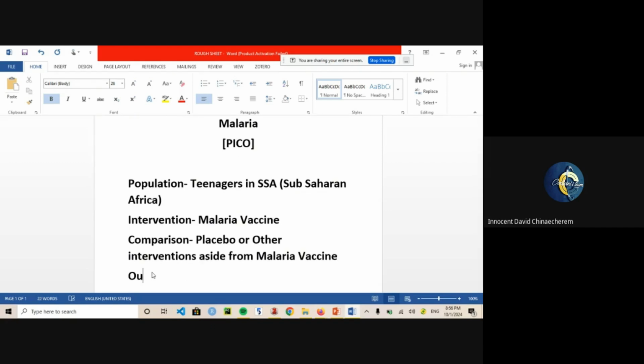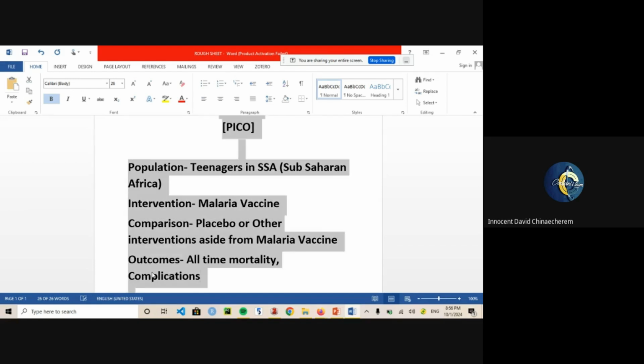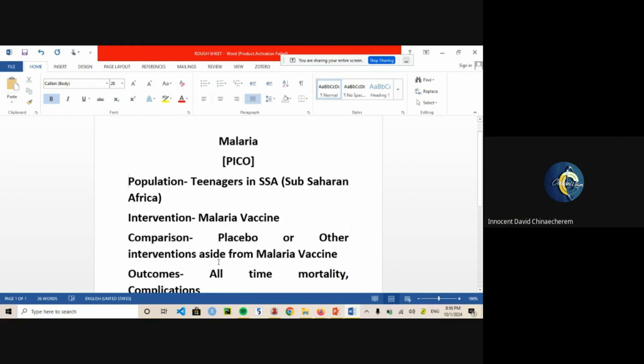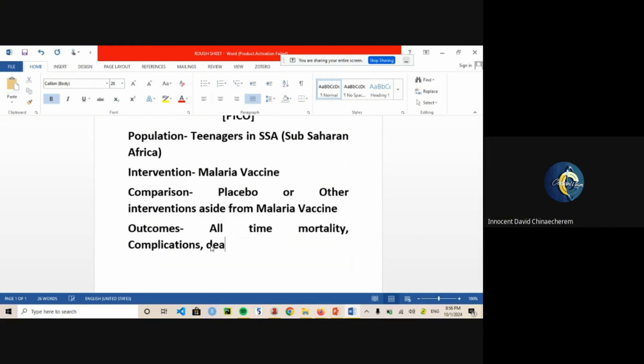For my outcomes, I'm interested in all-time mortality. Maybe I'm interested in complications. I'm interested in death. Maybe also quality of life as a result of it.